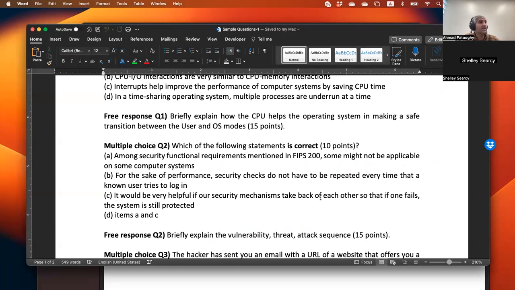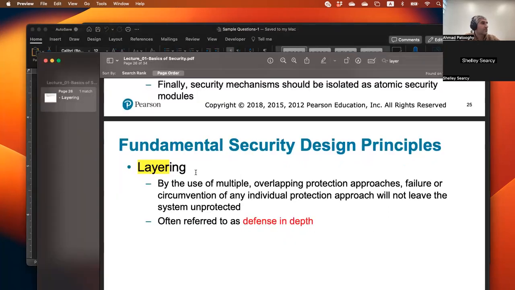But that was intentional, because I want to make sure that you understand what is meant in the slides, not just memorize them. So when we say there's overlapping protection between them, it means that they basically take care of each other. They back each other.